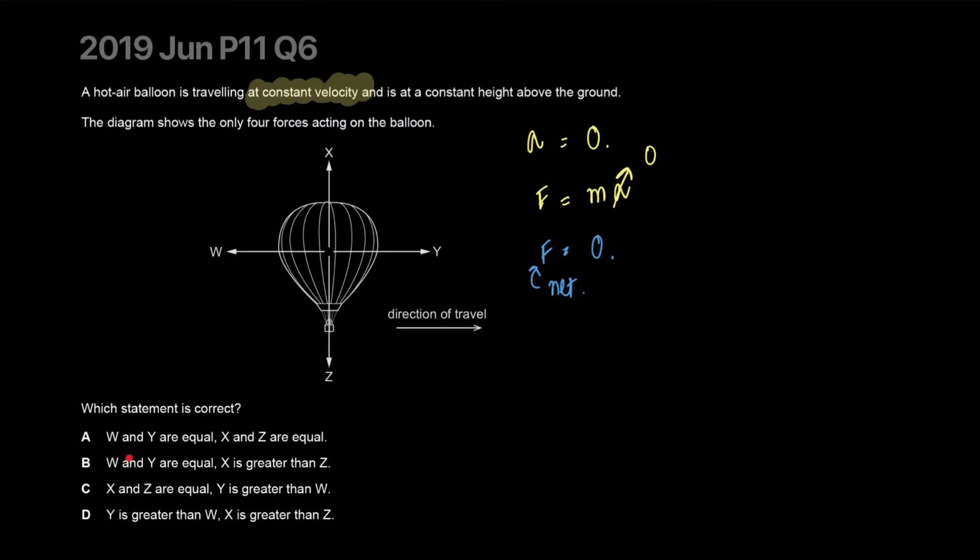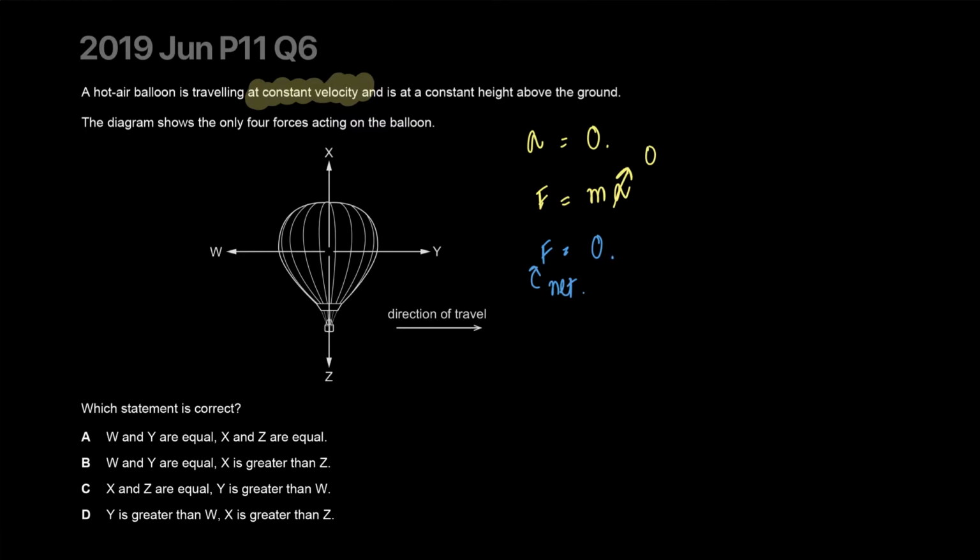So which statement is correct? W and Y are equal and X and Z are equal. If there's no acceleration, W and Y have to be equal and X and Z have to be equal, because changing X won't change its vertical acceleration, and changing Y won't affect its horizontal acceleration. So up, down, left, right, they're all cancelling each other out.